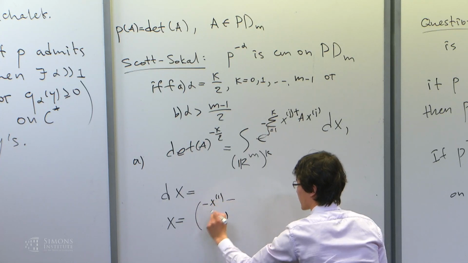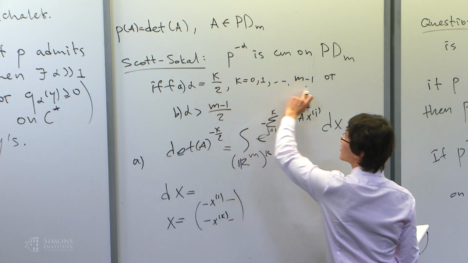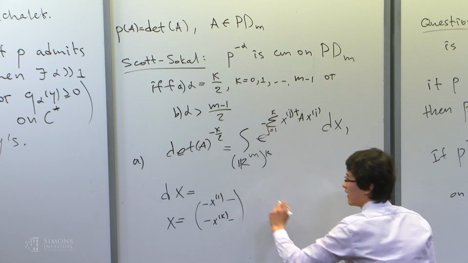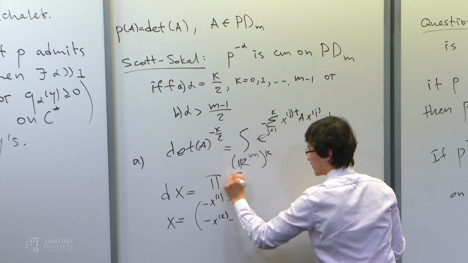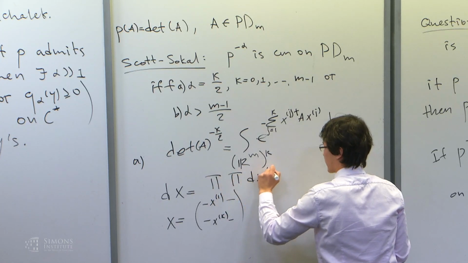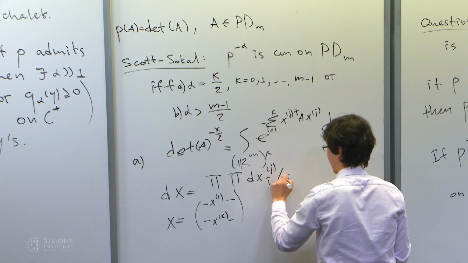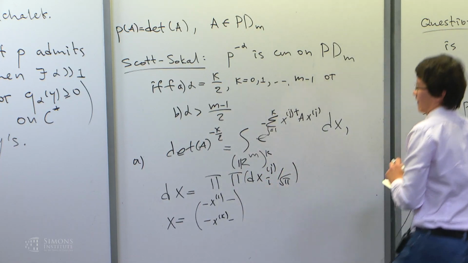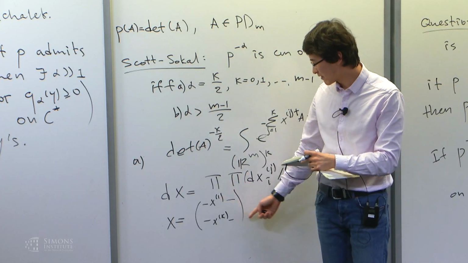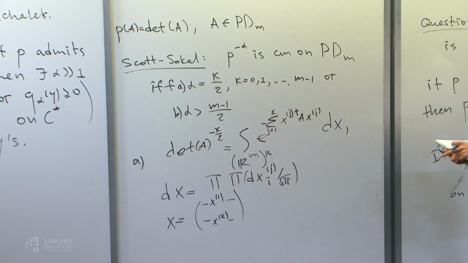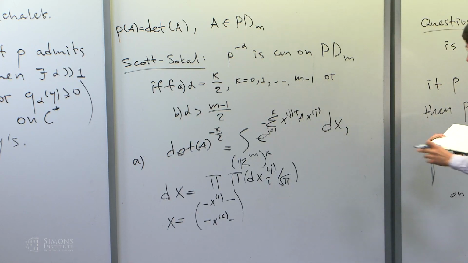So it will be a rank k matrix, because k is in this range, between 0 and m minus 1. And dx is essentially the scaled Lebesgue measure dx_ji over square root of pi. So you take the entries of this matrix, there are k times m many entries, and you scale each entry by square root of pi. And this is my Lebesgue measure dx. And you integrate over the space.